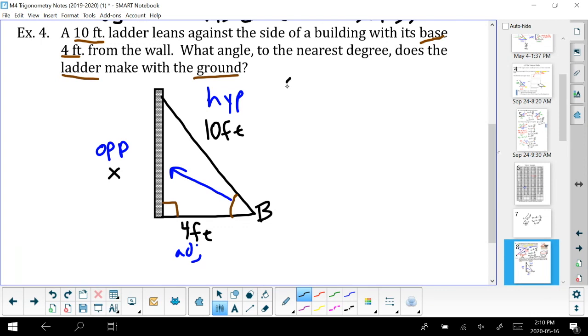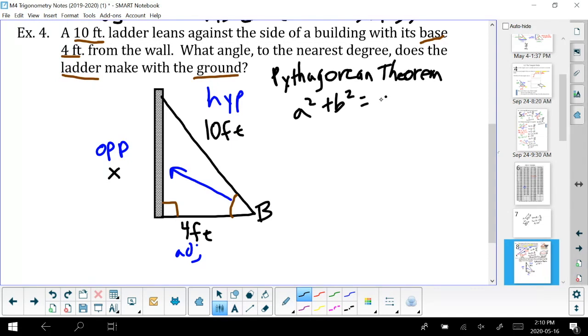We know that a squared plus b squared is equal to c squared. So maybe I'll write at the top here, we need to use Pythagorean theorem, and we've got a squared plus b squared is equal to c squared.